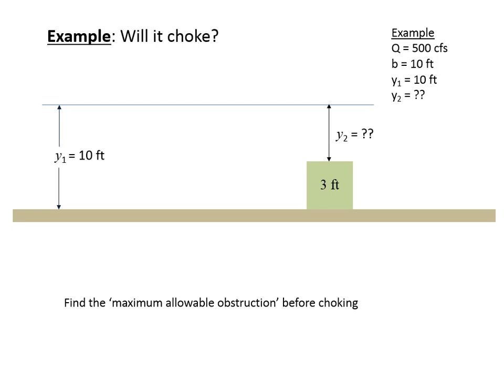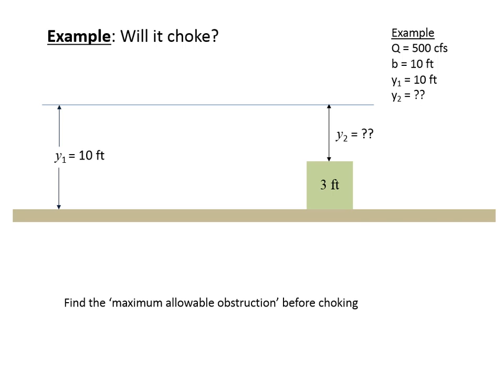But let's go through the formal steps of that and just double check. And when we finish this example, then we're going to work on when the channel changes width, which actually is a lot. The channel is always changing width, so it's an important one to be able to handle.